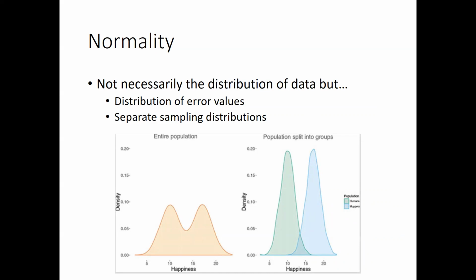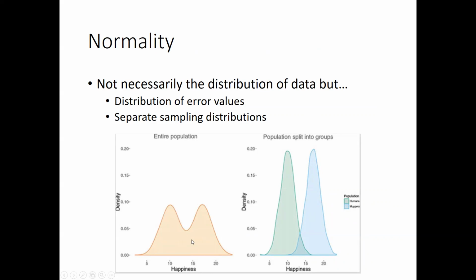I don't know if you can see the screen. I'm sorry for the small text here, but when you look at a sample of people, like for happiness, and this comes straight out of the book. When you study an entire population and their ratings of happiness, you find that there might be two different segments, right?